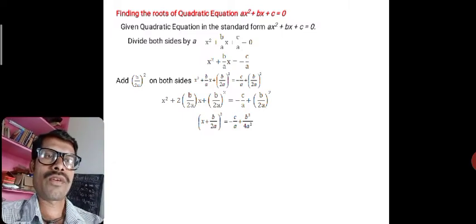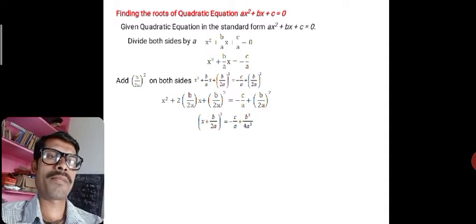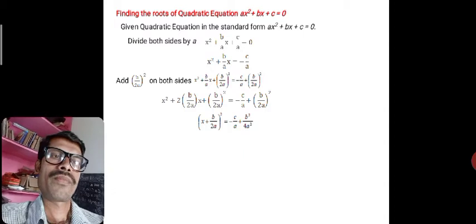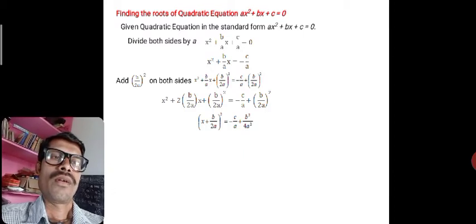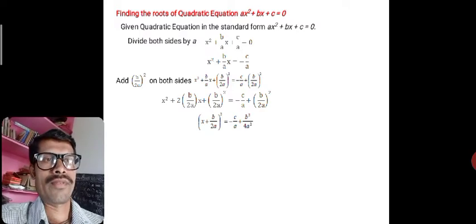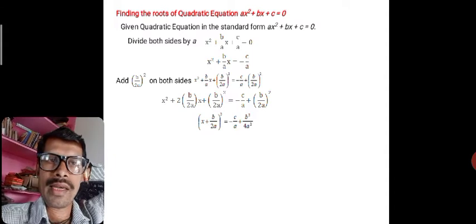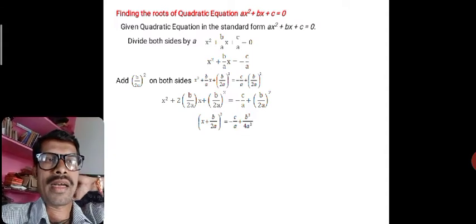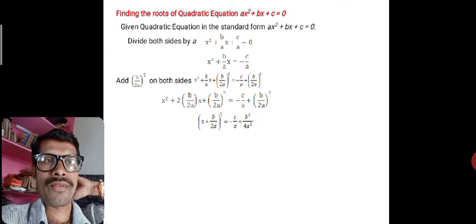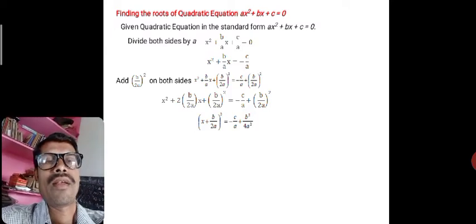x plus b by 2a whole square is equal to minus c by a plus b square by 4a square. Now take the LCM. A into 4a square, LCM is 4a square itself. To make it easy, multiply and divide minus c by a by 4a.